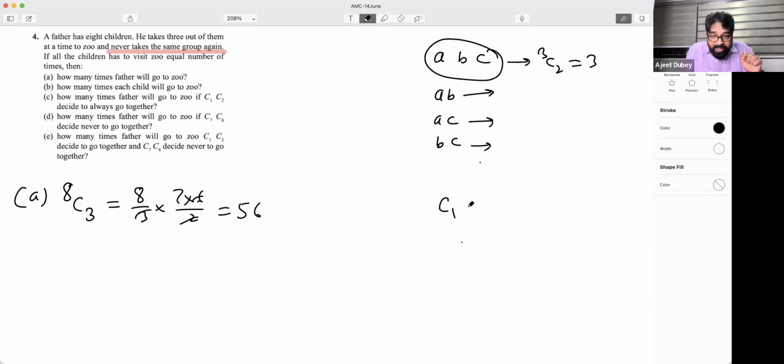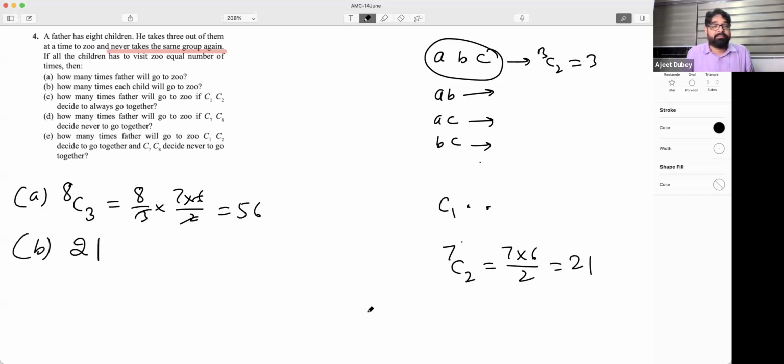C1 is present, so I need 2 more children from the balance 7 children, because C1 is already present. So in how many ways can I select? 7C2, so 7 into 6 by 2 means 21. So the part B answer will be 21.